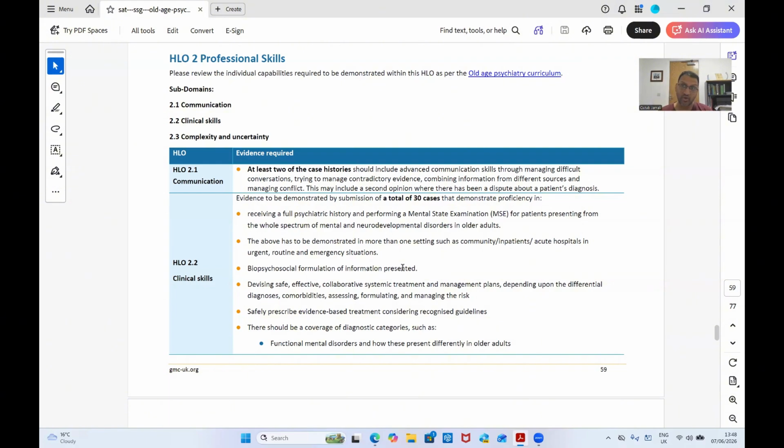So you've given your diagnoses, say recurrent depressive disorder, severe with psychotic symptoms, or then you've included delirium there, maybe hypoactive delirium. This is just an example, but you're mentioning differential diagnoses here. Then you're including cognitive impairment, but maybe further assessment is required.